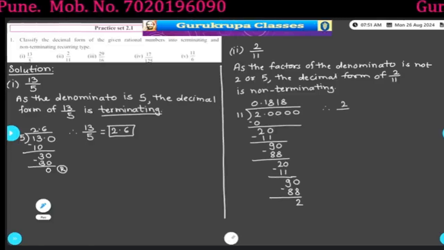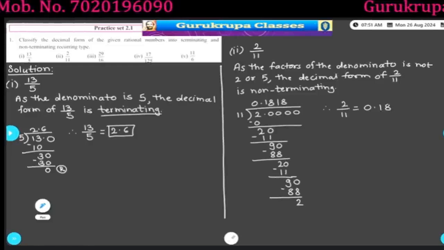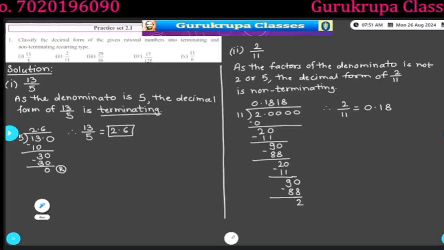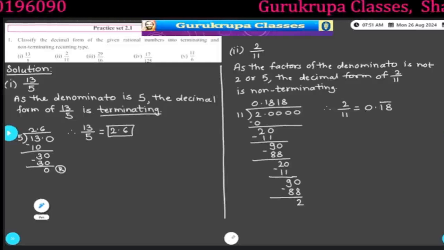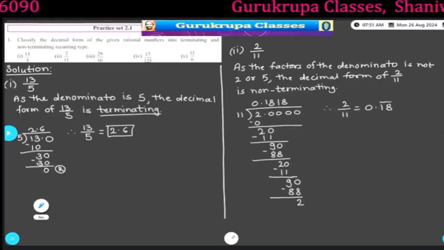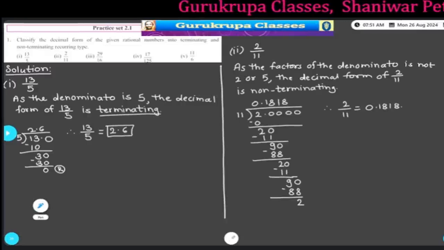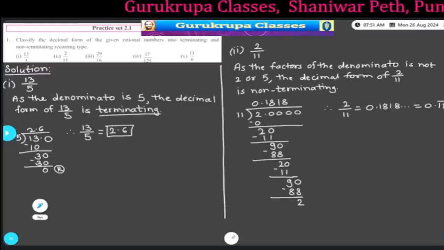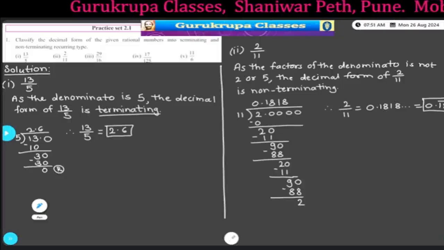So 2 upon 11 can be expressed as 0.18, and as this group is recurring 1 and 8, so we can take the bar over their head. 1.8, 1.8 dot dot dot means 0.18, and for that 1.8 we take the bar over it.